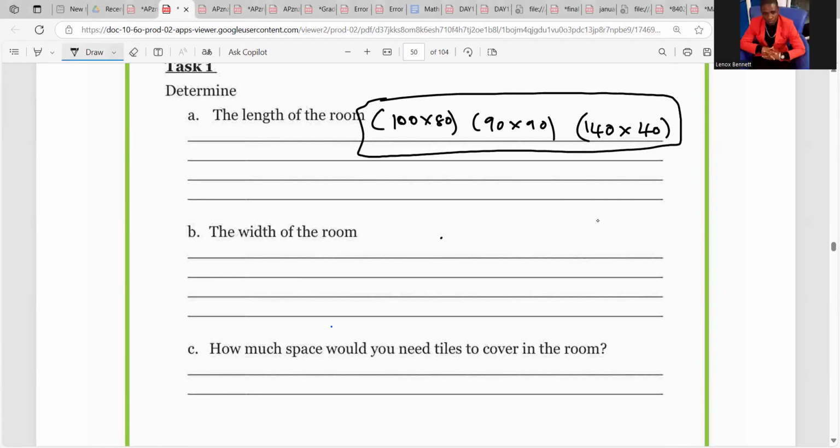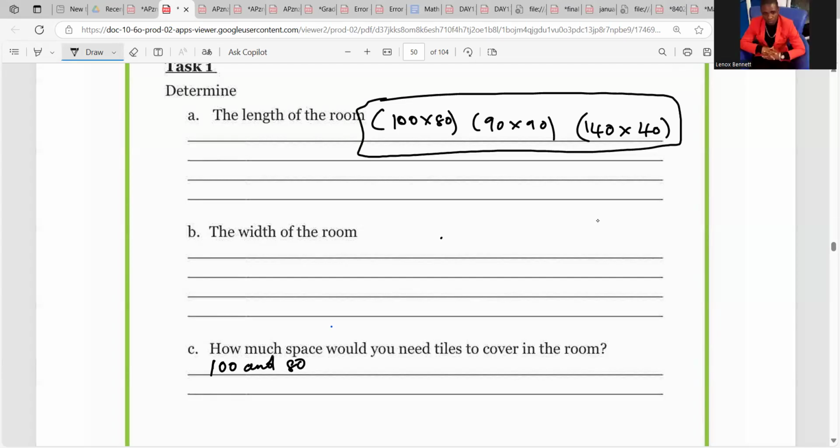So guys, the first one, 180. Go ahead. How would you approach it? How much space would you need tiles to cover in the room? I needed 8,000 centimeters square.